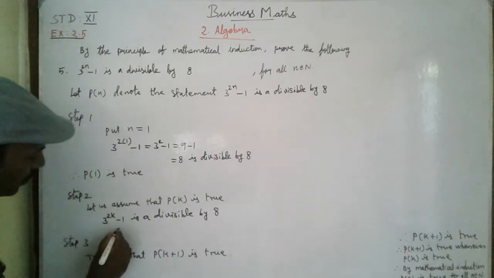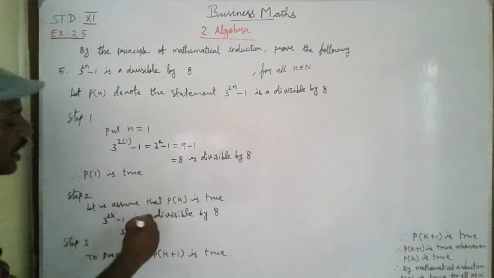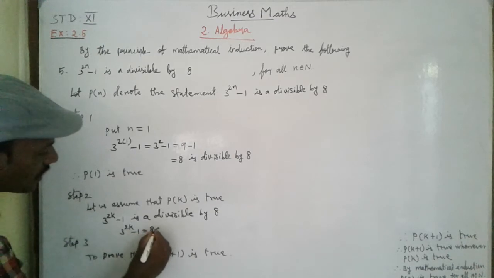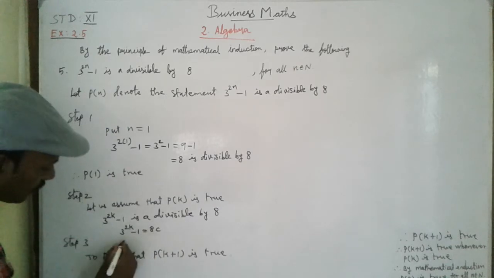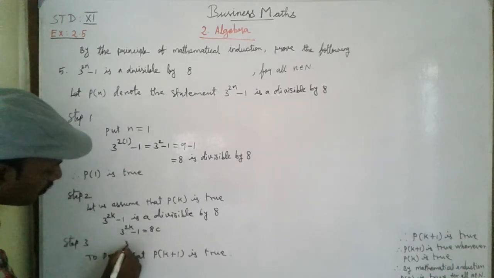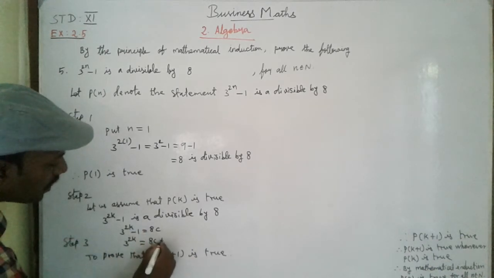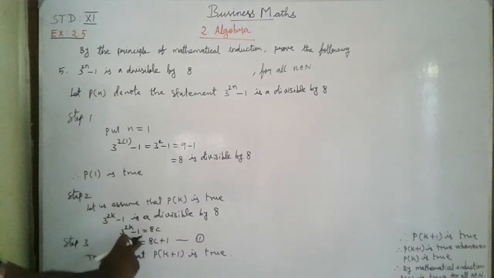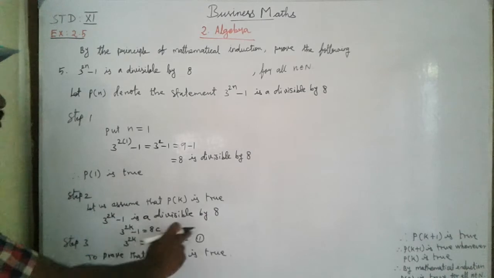Then 3 power 2k minus 1 equals any constant multiplied by 8, so 8c, where c is a constant. Therefore 3 power 2k equals 8c plus 1. This is equation number 1.